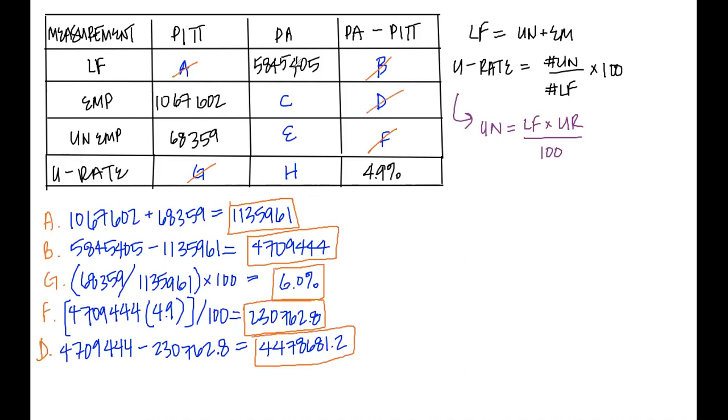So then finally, all that's left is most of the stuff in this middle column. C and E you can solve the same kind of way, which would be adding together the value in PIT and the value in PA minus PIT. So I'll solve for C first.